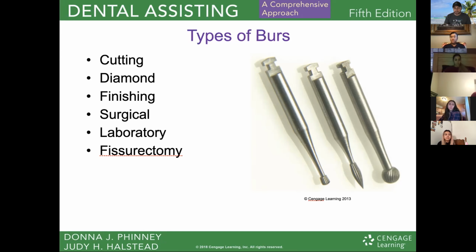Physiotomy burrs kind of look like this, but they're very, very small. This isn't a physiotomy burr, but they're usually in that shape. They're used to explore the tooth structure, and they'll remove any starts of decay so the dentist can put in a sealant or a filling. It's kind of a borderline between a preventative measure and actually fixing decay that has just started.